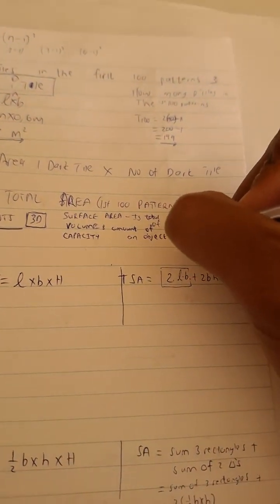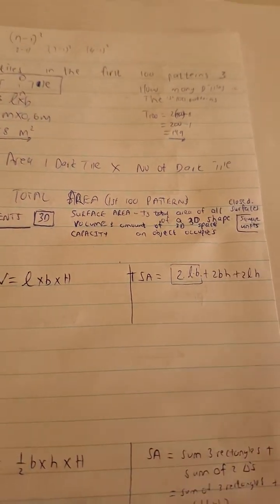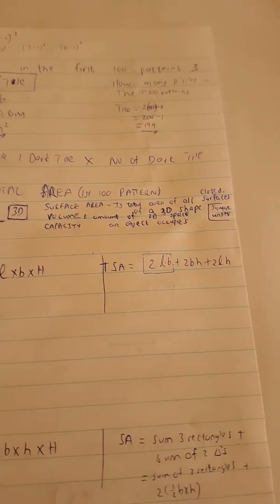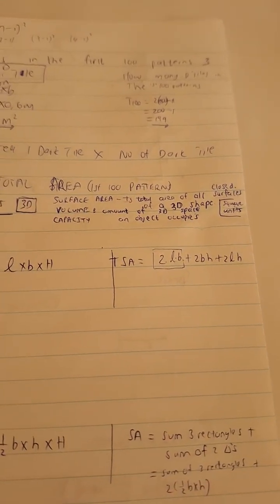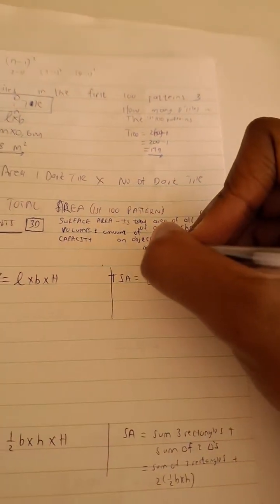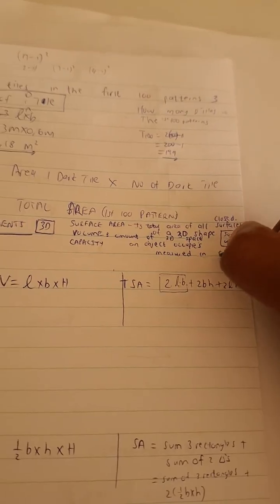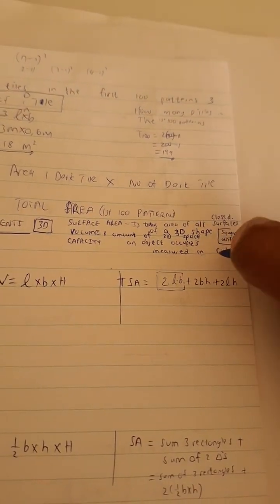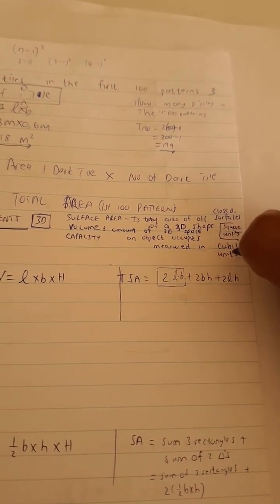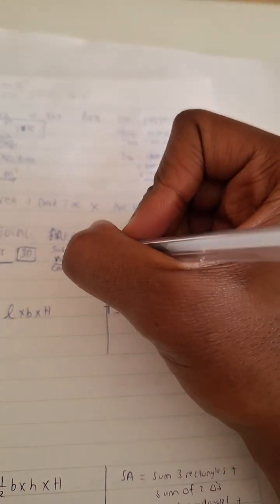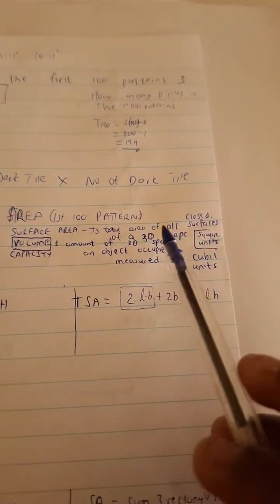In other words, it is the space that an object fills. It's measured in cubic units, not square units, but cubic units. Volume, guys, is measured in cubic units.